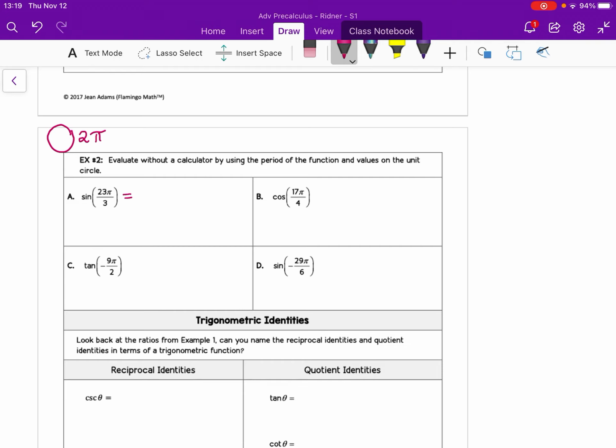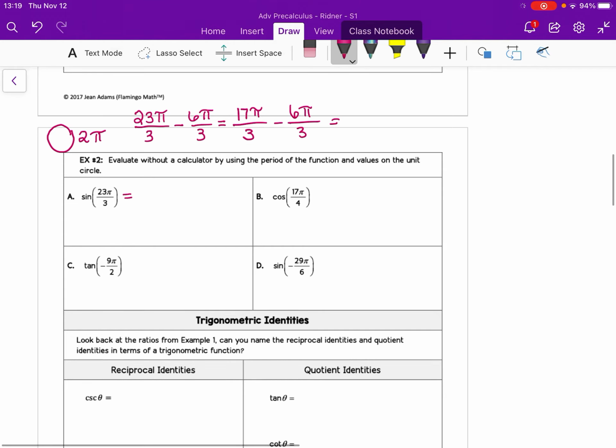So 23 pi. What I would do is keep subtracting 2 pi, which is actually 6 pi over 3, right? That's the equivalent. Until I got something that was less than 2 pi. So 23 minus 6 is 17 pi over 3.